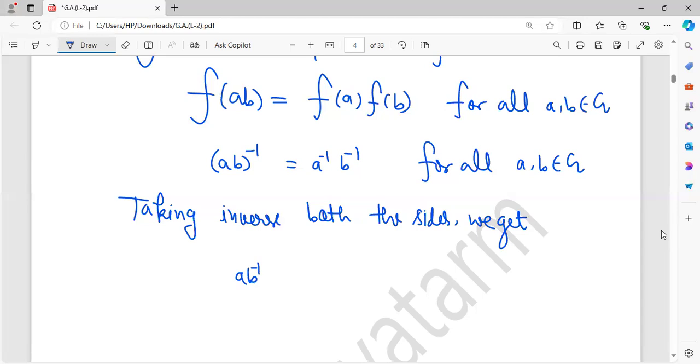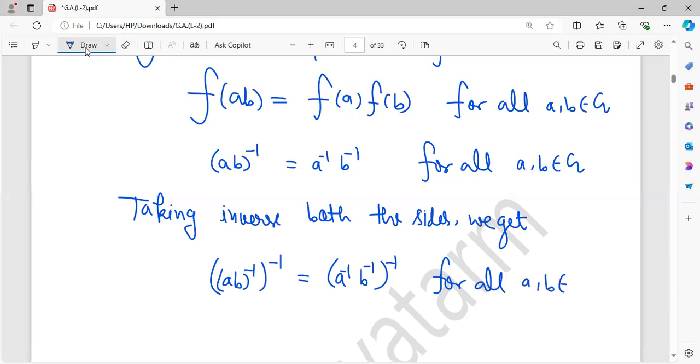We take the inverse of AB inverse, that is AB inverse inverse, equal to A inverse B inverse, inverse, for all A, B belongs to G. Now this is AB inverse, we are taking the inverse two times of AB.